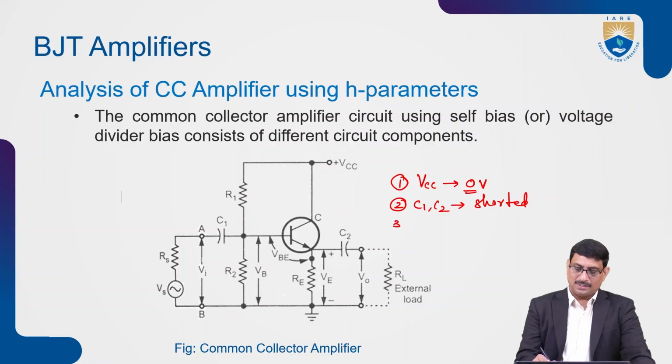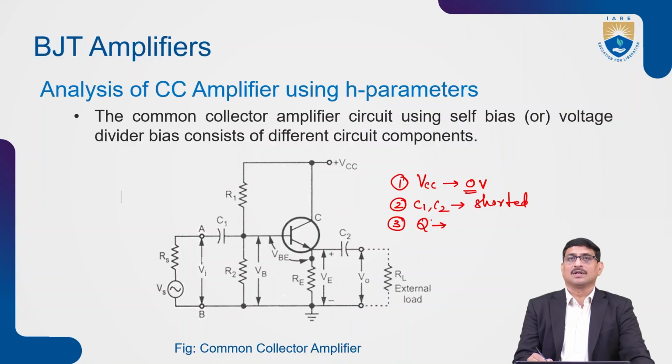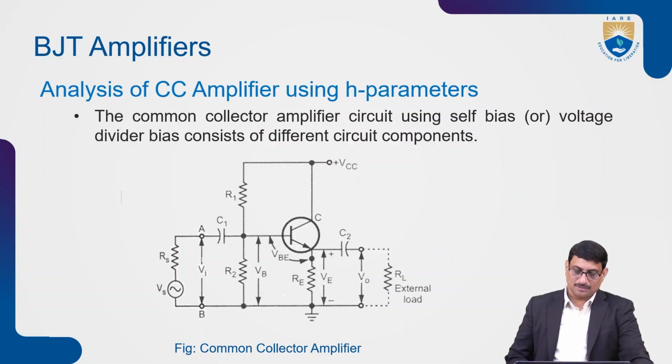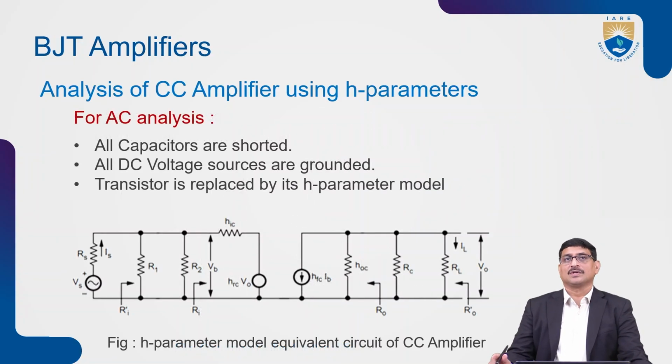The third is that we replace the transistor with its appropriate H parameter model. Here the transistor is operated in CC configuration, therefore it is replaced with its common collector H parameter model. Now we will see its H parameter model.